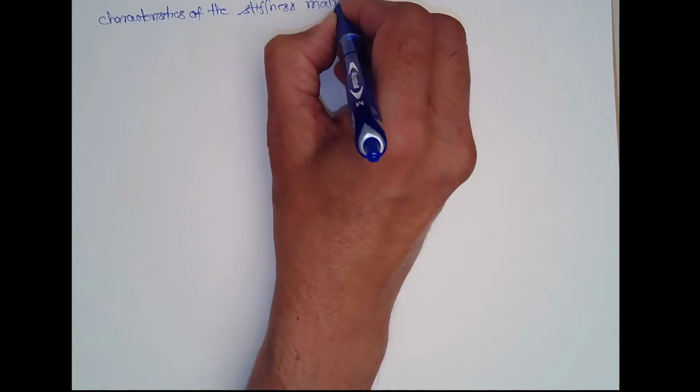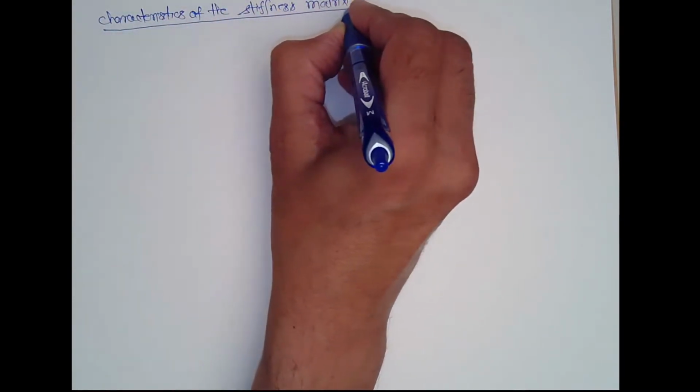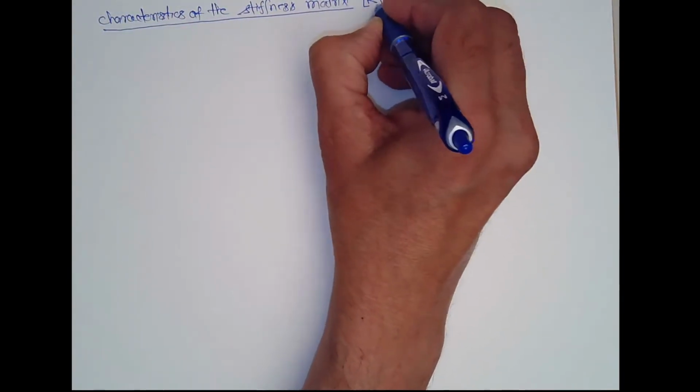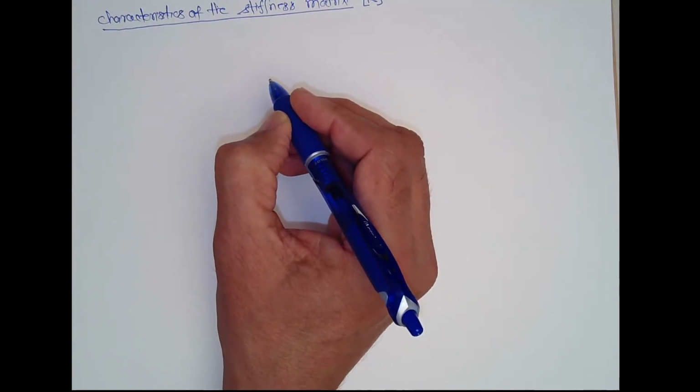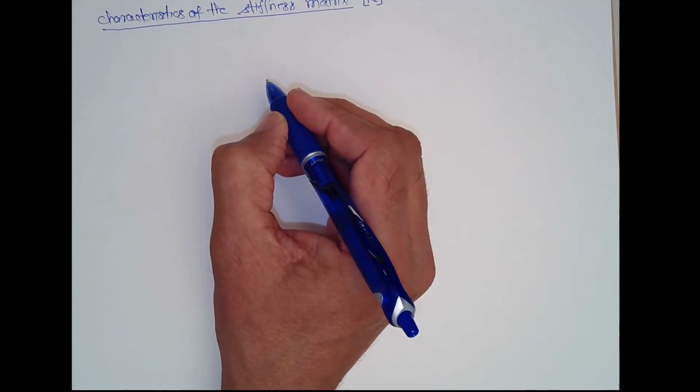Characteristics of the stiffness matrix. I'm trying to find what the characteristics of the stiffness matrix K are.